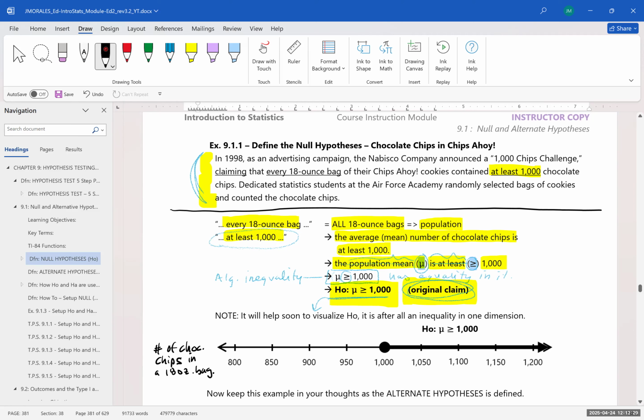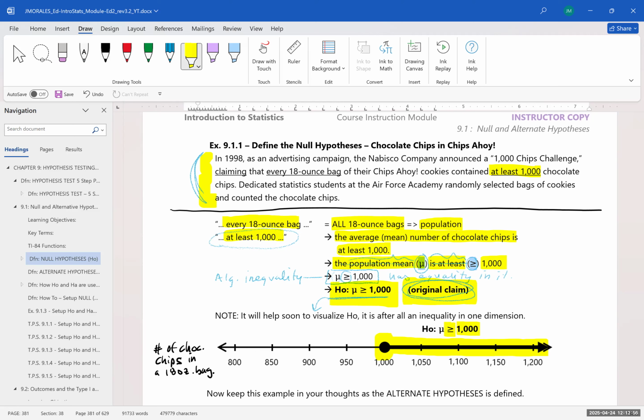And what we're claiming is that the amount of chocolate chips is greater than or equal to 1,000. So here we are at 1,000. And because it could be equal to 1,000, we're putting a closed dot, and it could be everything greater than that. So we could have 1,000 chocolate chips. We could have more than 1,000 chocolate chips.